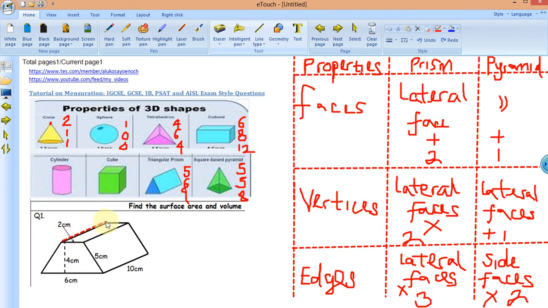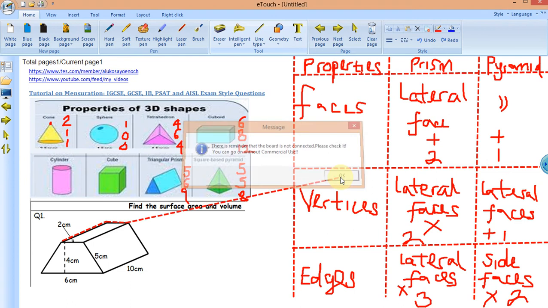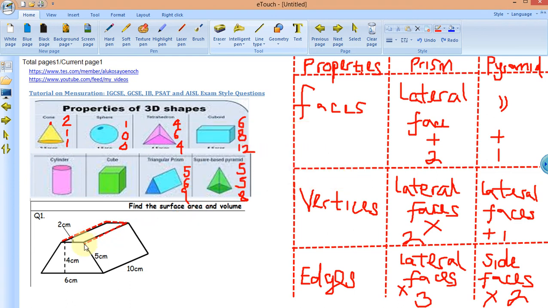So we are going to find the area of this top face here. Don't forget, unlike the sample problem we have from the boardwork, the top and bottom here are not similar shapes. So you can see this is the top face now. So let's go ahead with the top face.